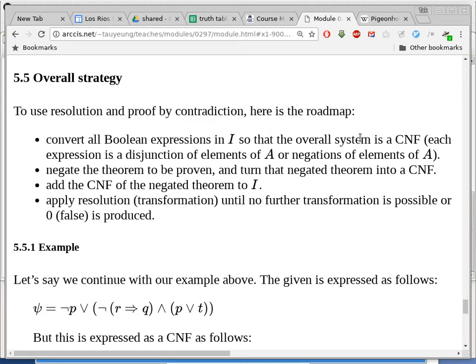But that CNF has one special property, because using resolution, which is just a way of implying stuff, at some point we should get to a contradiction. We should be able to get to a zero. If you can get to a zero from the final big CNF, then the theorem being proposed is true.